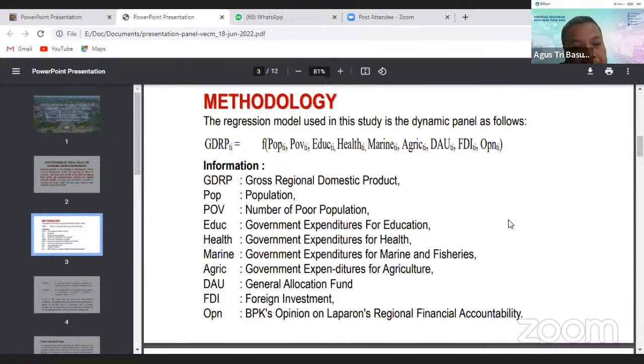And I add the opinion from BPK. BPK is the opinion on the regional financial accountability report. This is the GDRP function, and based on this equation it can be derived.